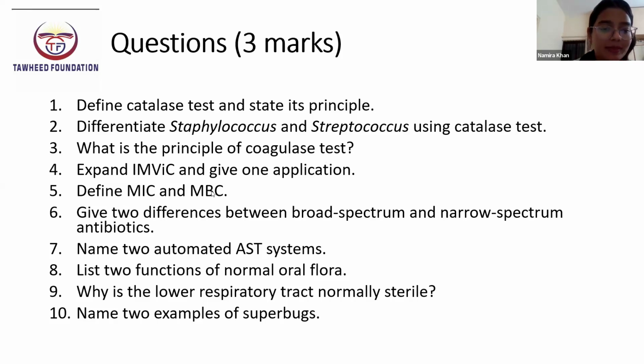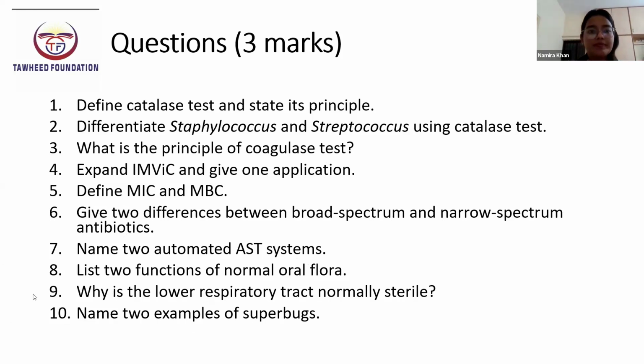Fifth, define MIC, minimum inhibitory concentration, and MBC, minimum bactericidal concentration. Sixth, give two differences between broad spectrum and narrow spectrum antibiotics. Seventh, name two automated AST systems. Eighth, list two functions of normal oral flora. Ninth, why is the lower respiratory tract normally sterile? Tenth, name two examples of superbugs.